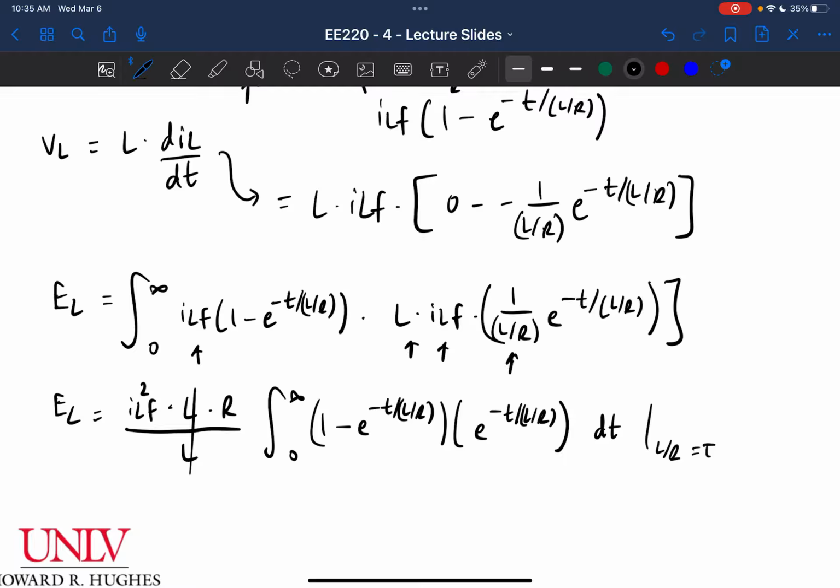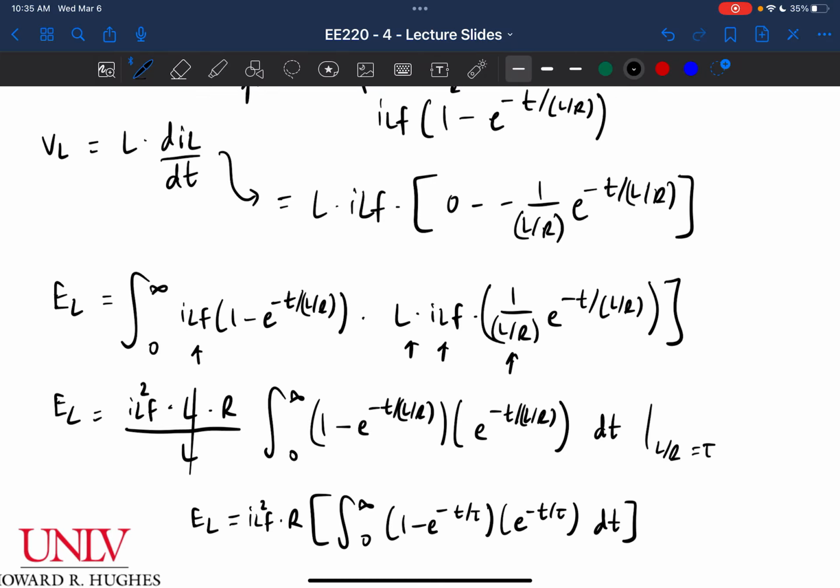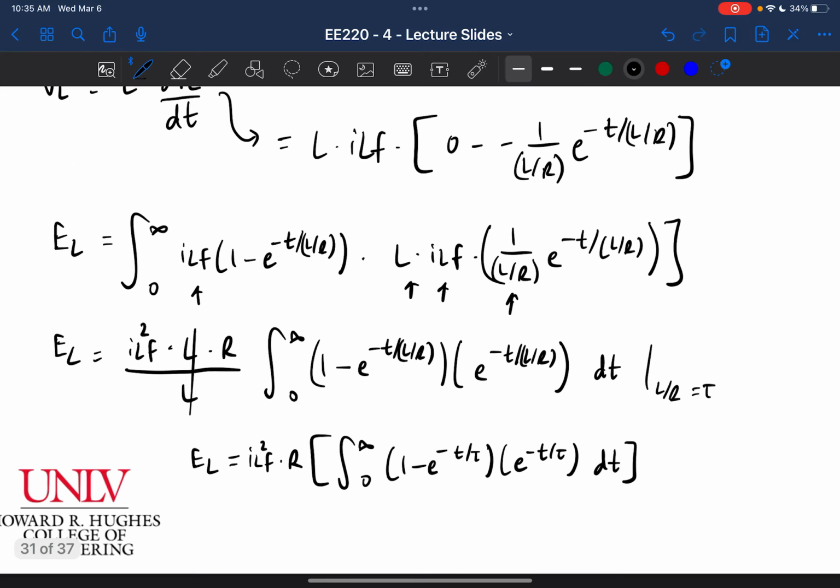Okay? And so from this point, I'm just going to start writing L over R as tau. All right? And so I can say that EL is equal to ILF squared times R multiplied by the integral from 0 to infinity of 1 minus e to the minus t over tau times e to the minus t over tau dt. Probably don't need these square brackets, actually.